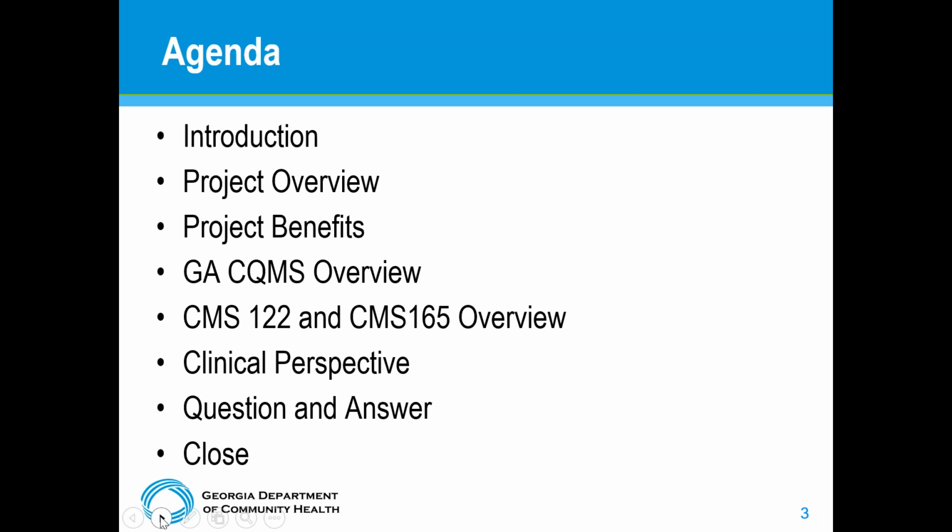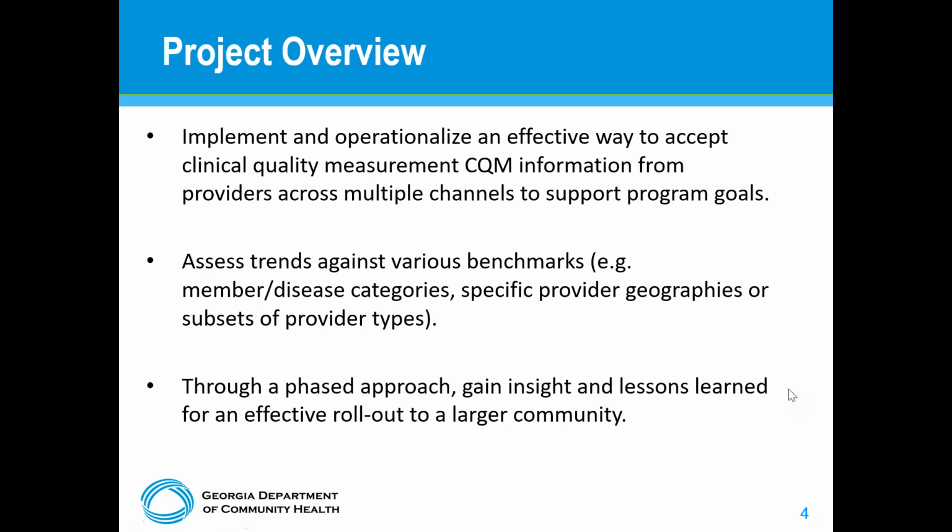So today's webinar is really to share with you about our Georgia Clinical Quality Measure System project, or GA-CQMS. Very similar to some requirements and some processes that you see on the Medicare side of the house, CMS side of the house, Medicaid is initiating a project to implement, which is done, and operationalize an effective way to accept CQMs to support program initiatives.